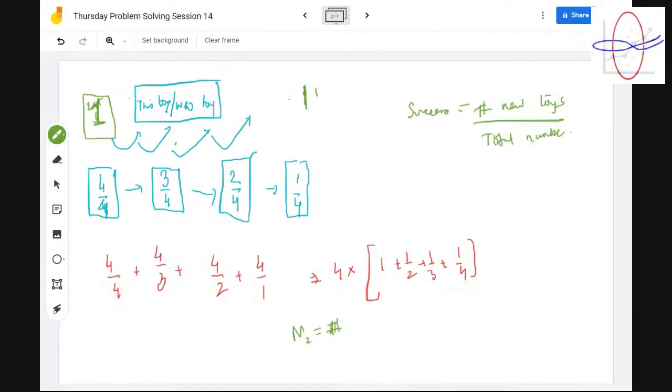Actually, n2 is defined in a conditioning way only. n2 is defined as number of steps to get the new toy. n2 is conditioned on n1, not n1 actually, but the fact we have got the first toy. I mean, here the conditioning is not working that way. Here the conditioning is that we have got the first toy. That's it.